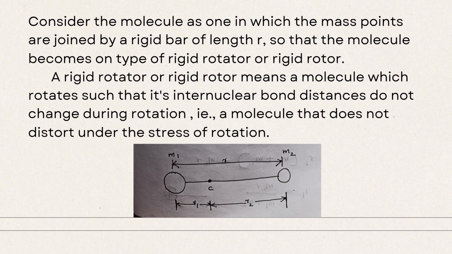A rigid rotor means a molecule which rotates such that its internuclear bond distance does not change during rotation. That is, the molecule does not distort under the stress of rotation. The figure shows the two masses m1 and m2, the distances r1 and r2, and C, the center of gravity.